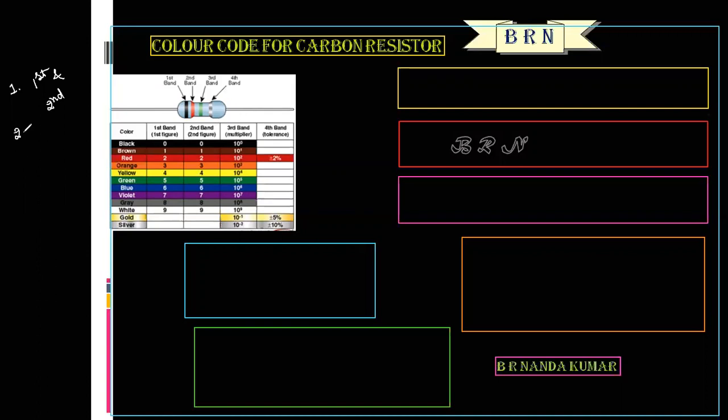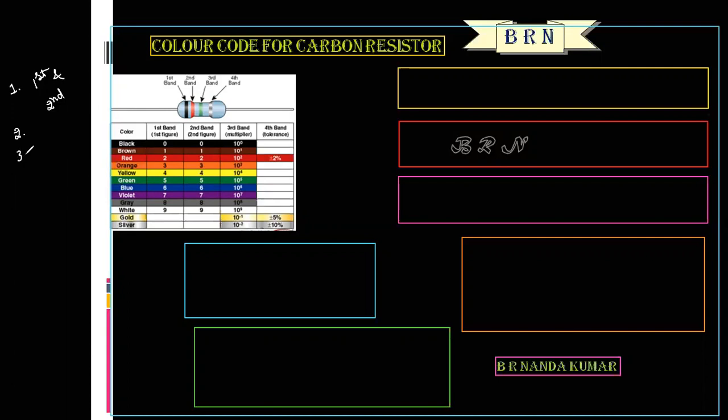The second very important point: the color of the third band indicates the number of zeros that follow the first two digits.